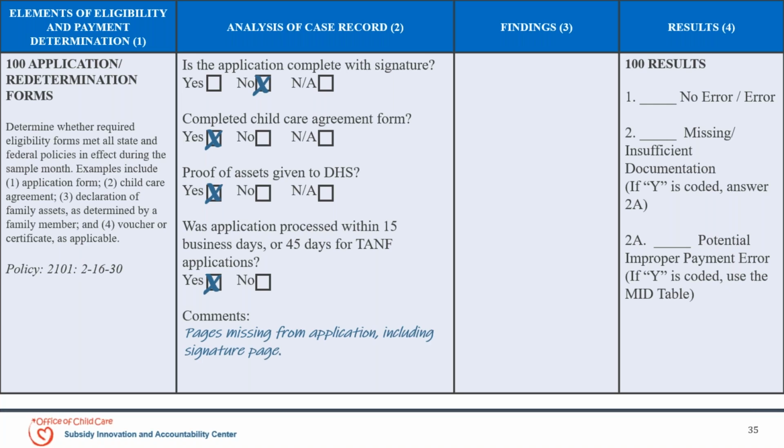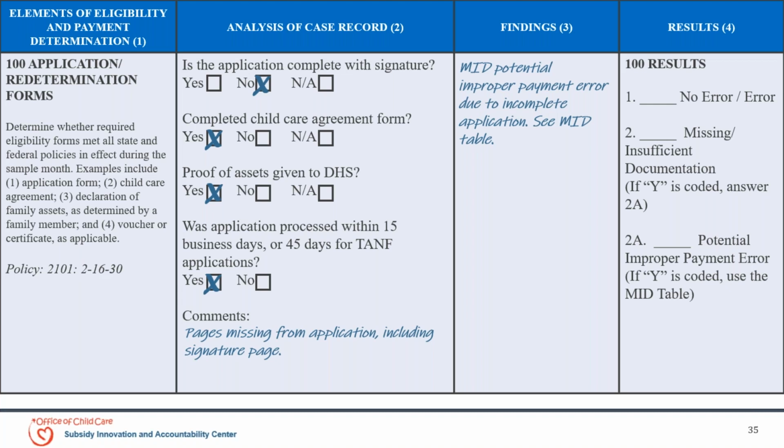So in the comments section, I've noted the nature of the error. There were pages missing from the application, including the signature page. So in this example state, those missing pages from the application would result in an improper payment error.